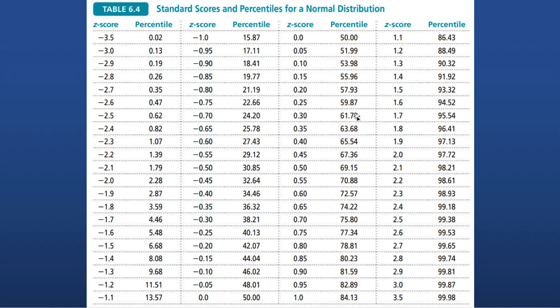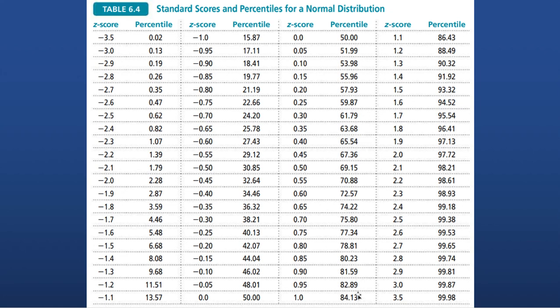Well, let's look at the 68 part. Where does that come from? That's accounting for 1 standard deviation to either side. Well, the z-score counts by standard deviation. So 1 z-score below would be a -1, and 1 z-score above would be a 1. So we're looking at how much data would fall between here and here.